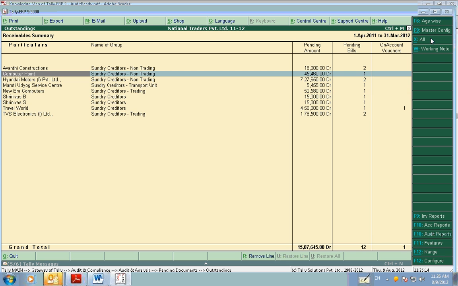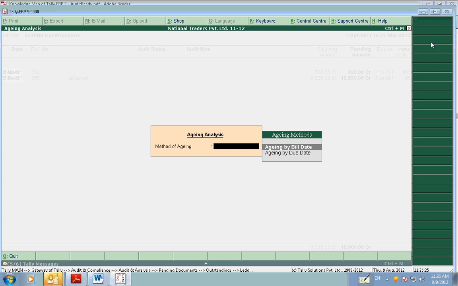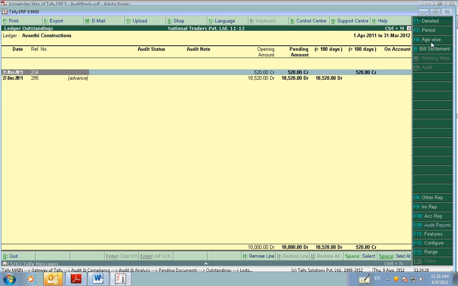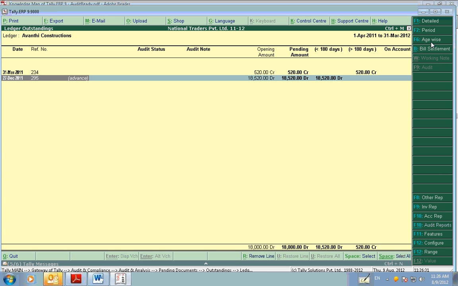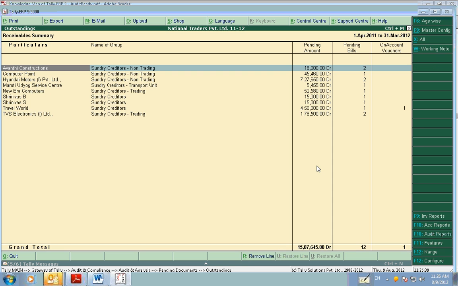Accordingly, you can drill down to the entry level and see what exactly the due dates are and how long this particular receivable is pending. You can still have it age-wise, how old it is, and have you accounted for all on accounts, have you not tracked to the relevant bills. Accordingly, these details can be checked by the business owner or the responsible person before taking all this to the auditor, right?